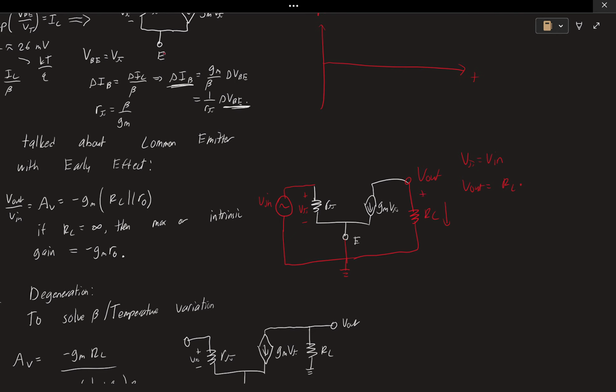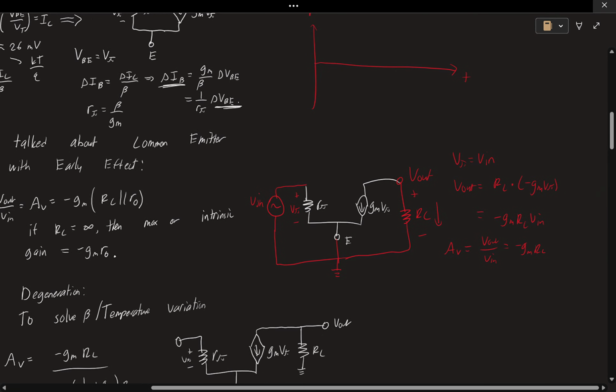Because we reference it like this. So we know this current going this way is going to be negative GM V pi, because this goes in this closed loop here. So we're going to have RC times negative GM V pi, which is going to be equal to negative GM RC V in. So our gain, V out over V in, is negative GM RC.